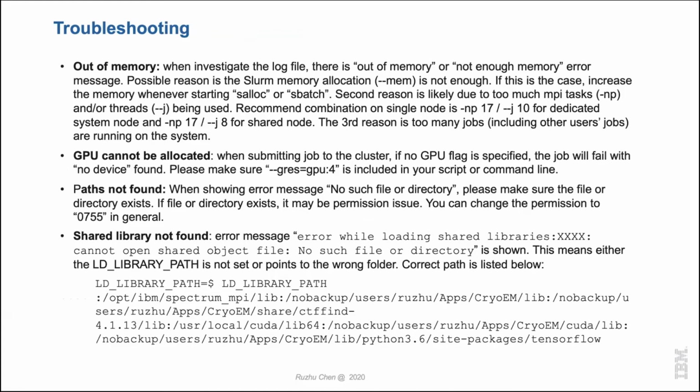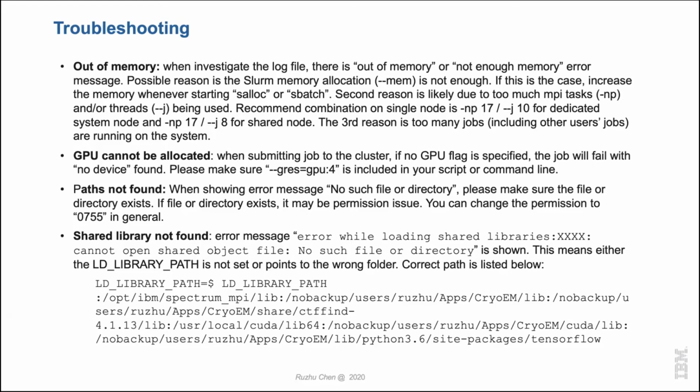When you're running so many threads, you may see some errors, such as out of memory. Sometimes people share the system. When you're running your batch job, maybe you have to set it in dedicated mode.